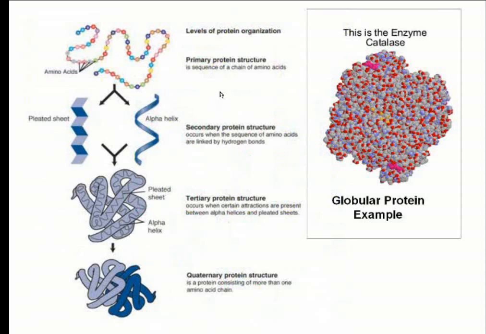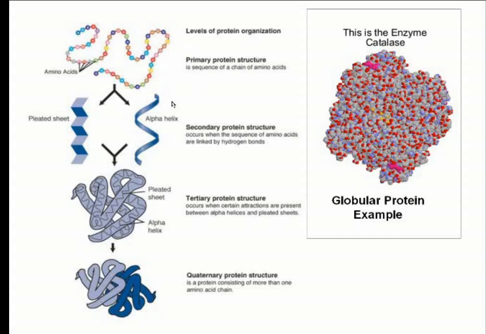Okay, so this is the structure part again. This is the quite confusing bit, but basically the primary structure is just the way they're organised, laid out. You can see it's just the order the amino acids are in. These are all different amino acids, because they're all different colours. The ones that are the same colour are the same amino acids, and the way they're laid out is the primary structure of the protein.